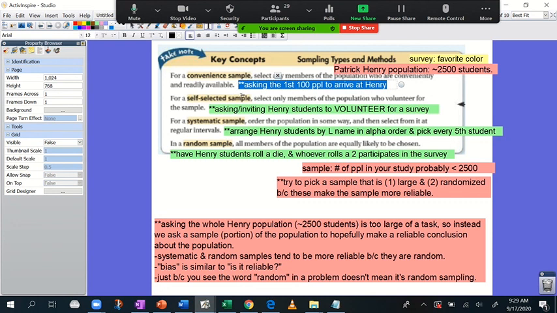Maybe the logic is that if you are the first 100 people to arrive at Henry, that means maybe you're not in a rush to get to Henry because you have planned your morning out the night before. You plan when to wake up, when to get dressed, yada yada yada.